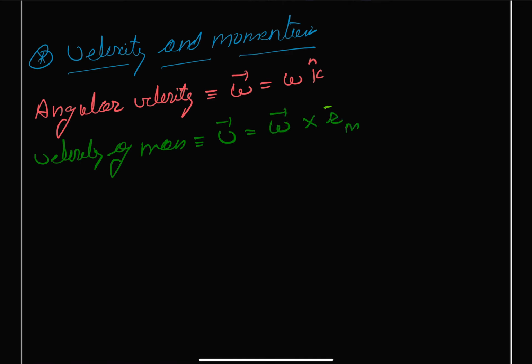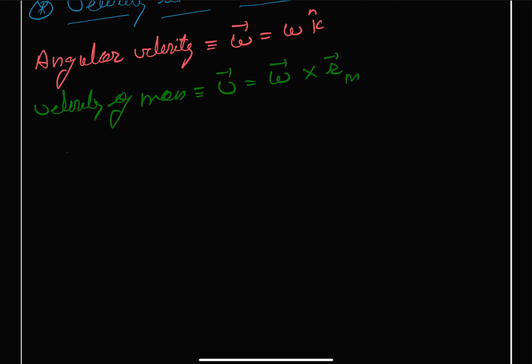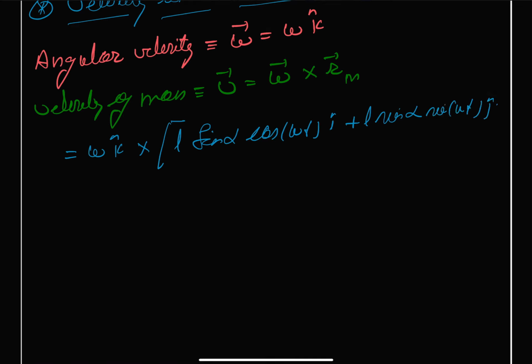So we substitute it. Omega k unit vector cross, we are having this as L sine alpha cos omega t i unit vector plus L sine alpha sine omega t j unit vector, and minus L cos alpha k unit vector.